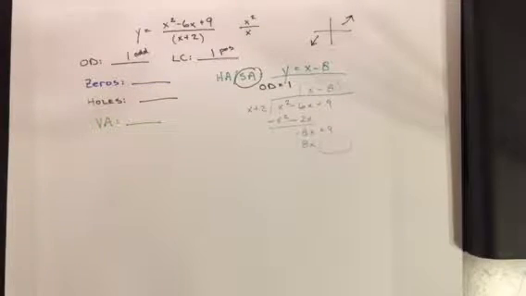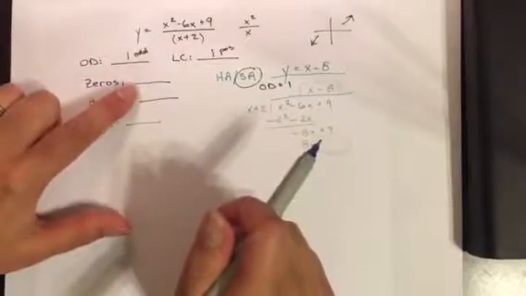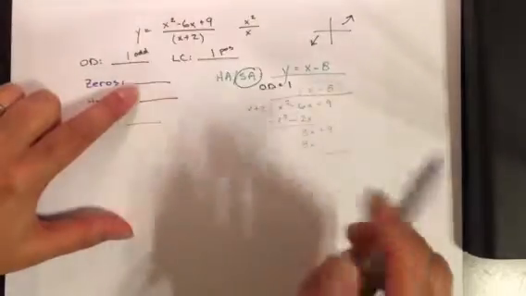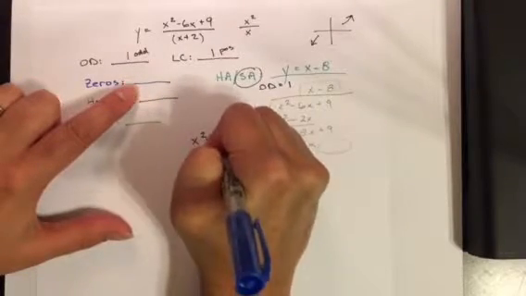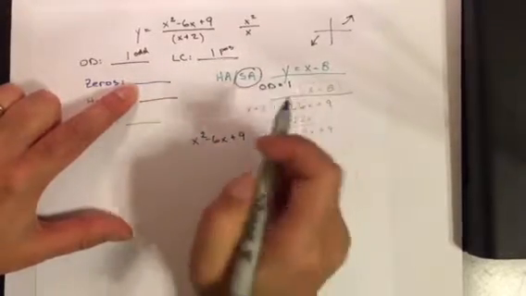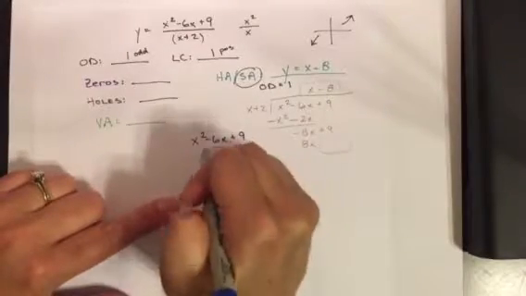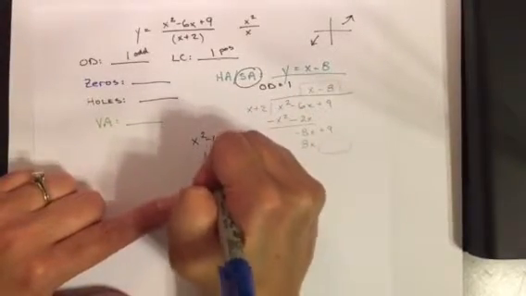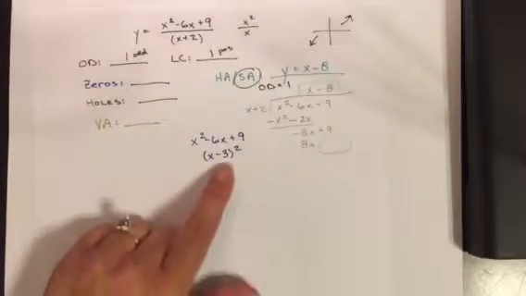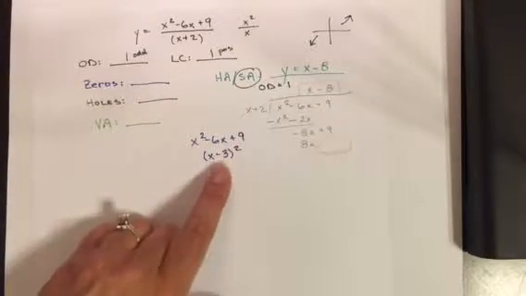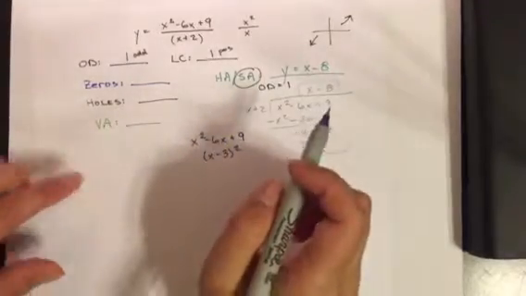Okay, zeros. Zeros are where the numerator is equal to 0. So we're going to have to factor this. So x squared minus 6x plus 9. If I look at this, it is a perfect square, because negative 3 squared is 9, and negative 3 times 2 is negative 6.